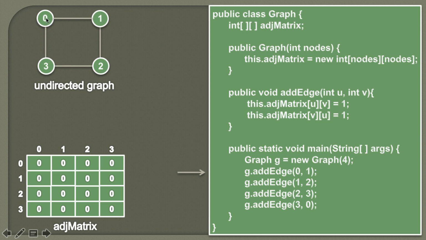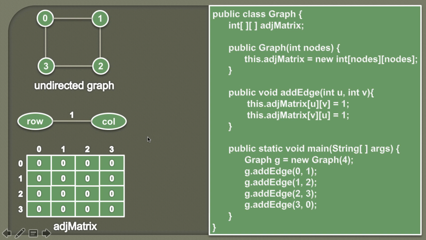So friends, here you can see that from 0 to 1 there is an edge. So by calling the addEdge method we pass 0 and 1 because we want to create an edge between 0 and 1. Here we simply apply this rule: between a row and a column we provide a 1, which represents an edge. So if you want to represent an edge between 0 and 1, 0 will represent a row and 1 will represent a column. So between 0 and 1 there would be an edge, which will be represented by 1.